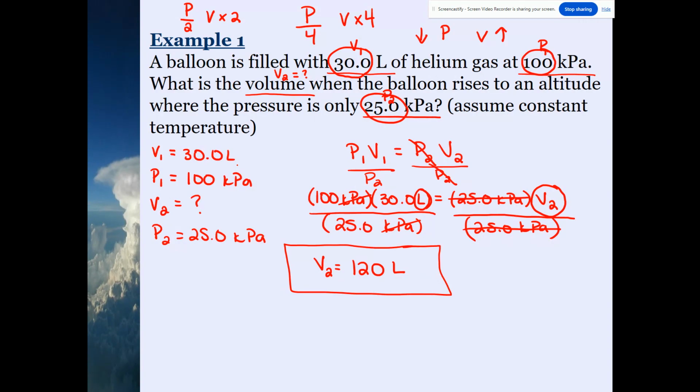And you might have questions in your practice or on your test that say, if my pressure is cut in half, what is the volume? So you could, again, just think of the relationship. If pressure is divided by 2, volume is doubled. Or you can make up your own variables. So let's say pressure 1 is 1. Pressure 2 would then be 2.